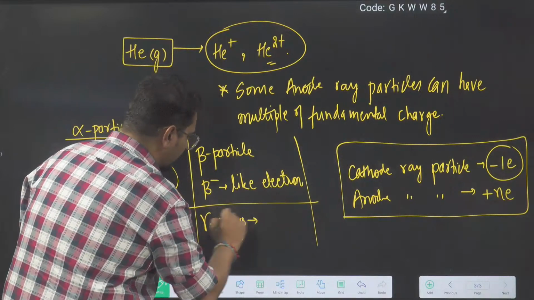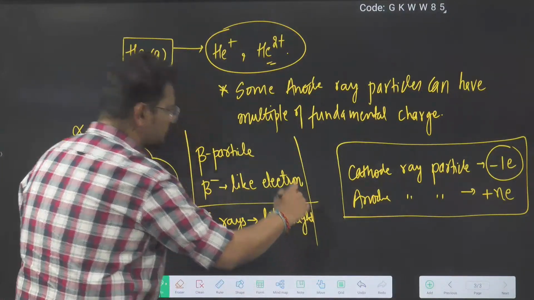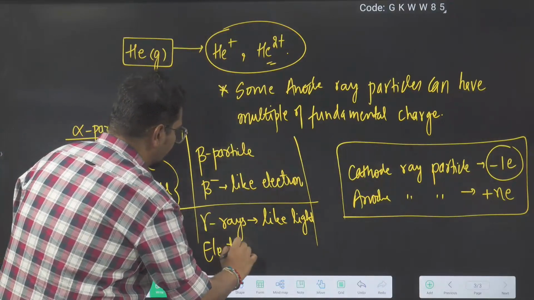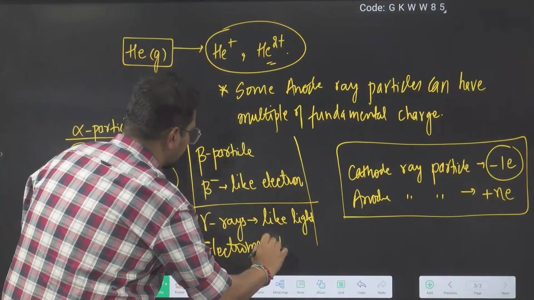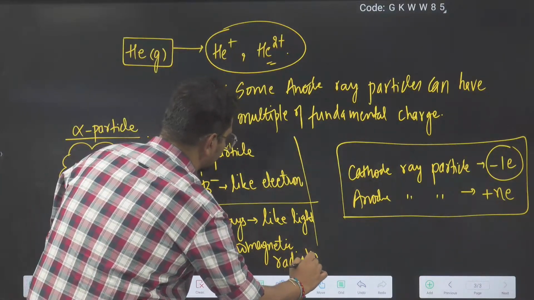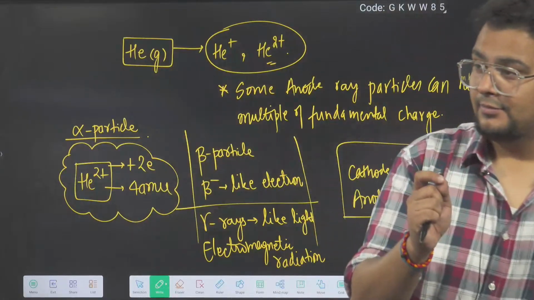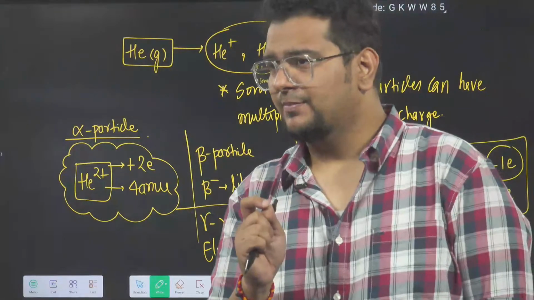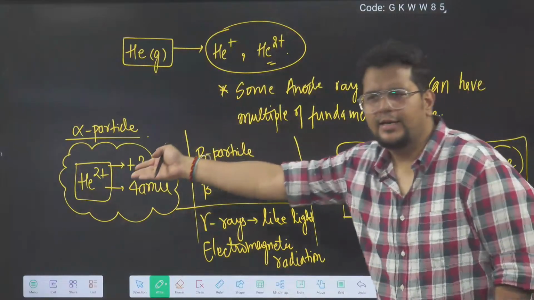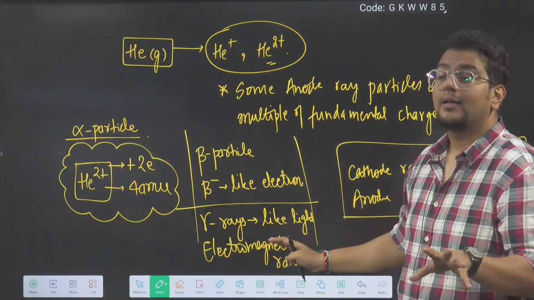is like light. We call it electromagnetic radiation. Alpha, beta, gamma. In the Greek language, ABC is represented by alpha, beta, gamma. Alpha particle clear. Beta particle is like electron. Gamma is light.